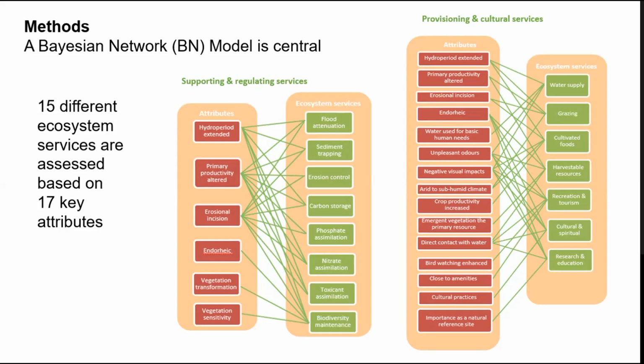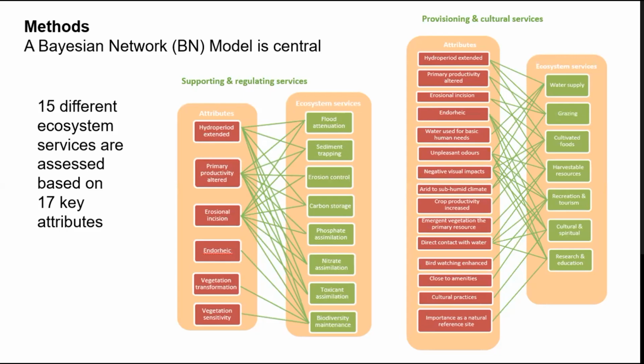So by way of example, if we look at flood attenuation, we can see here that 3 key attributes affect the flood attenuation. The first would be, has the wastewater extended the hydroperiod? In other words, made the wetland wetter. Next, has the wastewater increased the primary productivity?